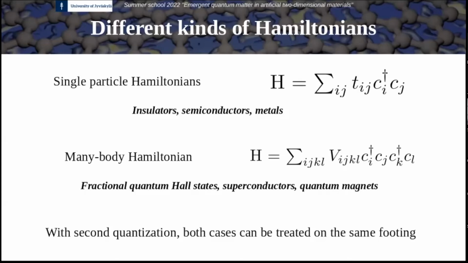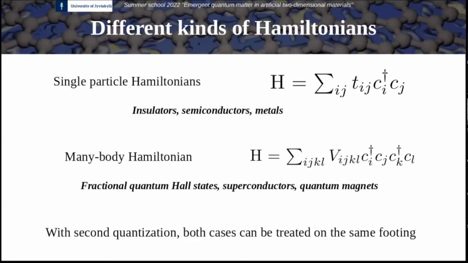It is still doable, but much more challenging. In the first case, the matrix that you have to diagonalize is just linear in the number of orbitals. So if you have 100 orbitals, you just have to diagonalize a matrix that's 100 times 100, which is very easy. In the second case, if you have 100 orbitals, then you have to diagonalize a matrix that is 2 to the 100, which is not so easy anymore and not doable in most instances in practice.